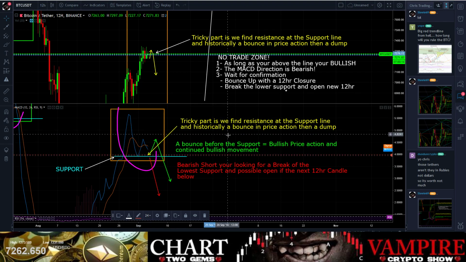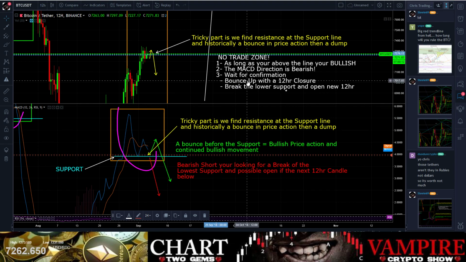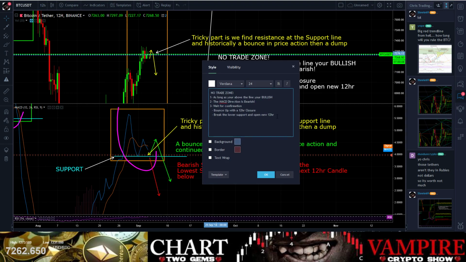So for a bullish trade, we're going to say bull trade. We're going to wait for the elbow north to appear.